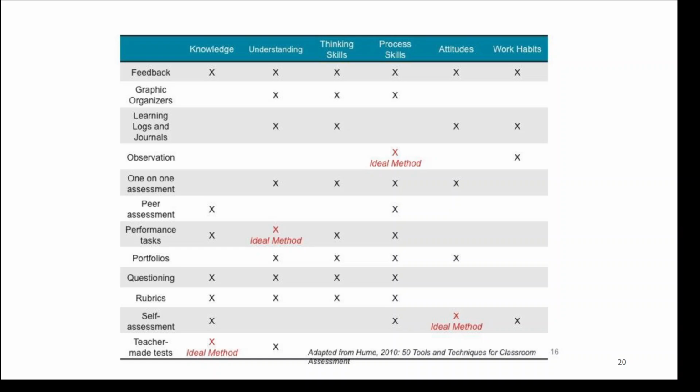But then if you're looking at process skills, the ideal method is observation, because I can watch them doing a thing and see if they actually know the steps to do that thing. Alright, so this is kind of a cute little chart, which you can absolutely refer back to when you're planning your assessment for your lesson plans. Right, and that's pretty much it for assessment for the moment.